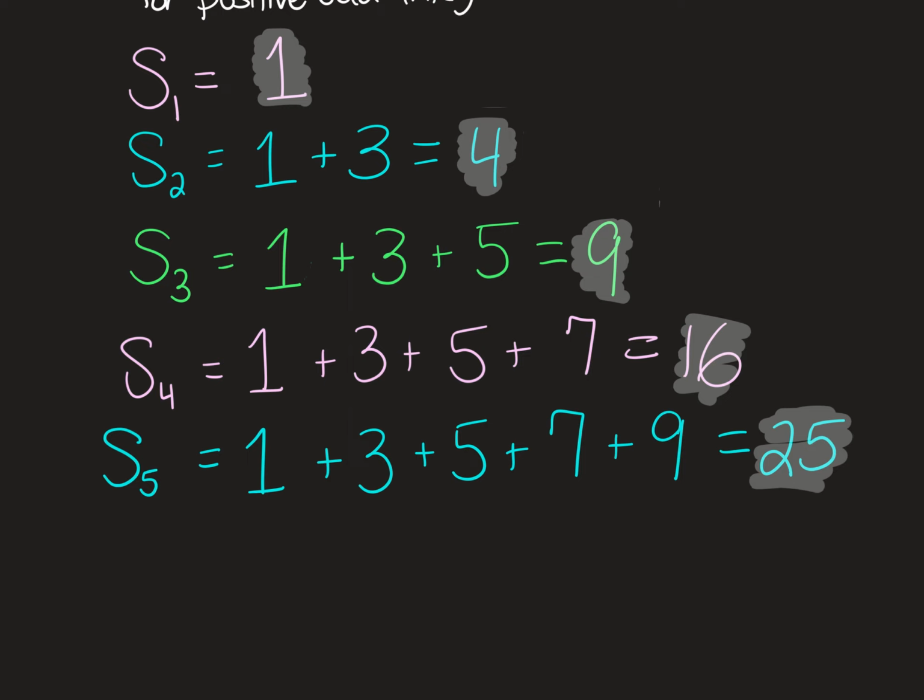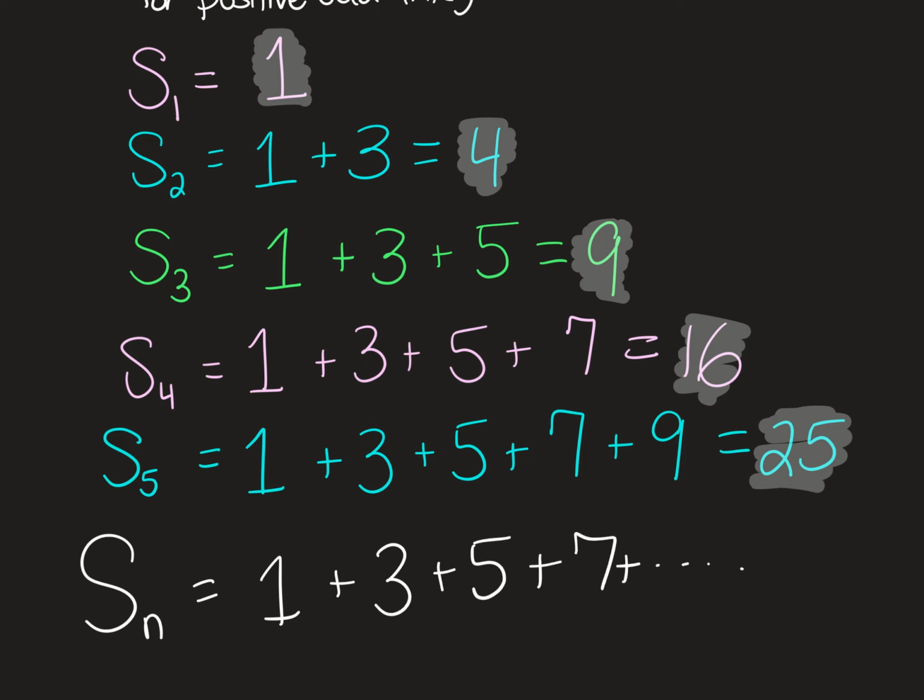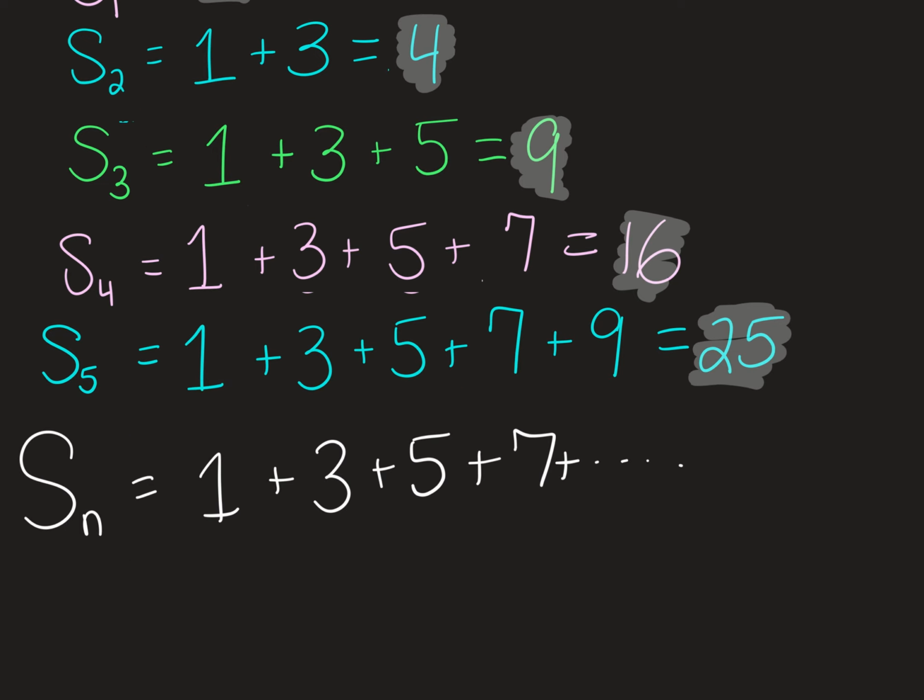I'm giving you a way to think about, okay, so the sum of those positive odd integers looks like it's going to be 1 plus 3 plus 5 plus 7, all the way up to whatever we get when we plug in n. How could I figure out the sum for any of our odd integers? Do you see a pattern?